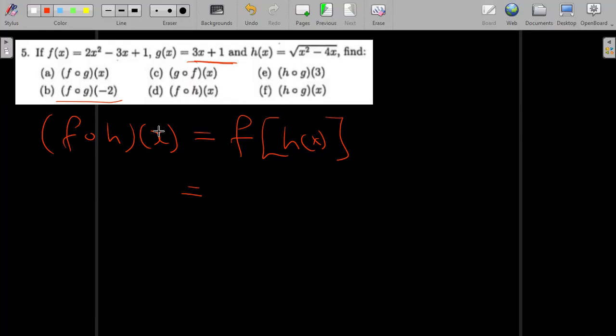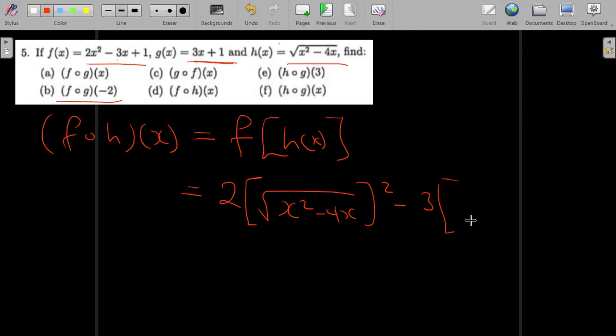So in the function f, where there's x, I replace this function, which is h. So 2, then that function is going to be root of x squared minus 4x, then there's a square there, minus 3, where there's x, root of x squared minus 4x. Then I just have a plus 1 outside there.